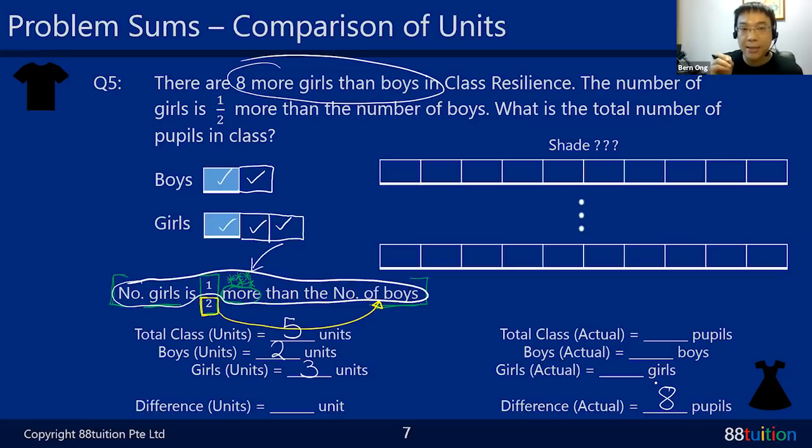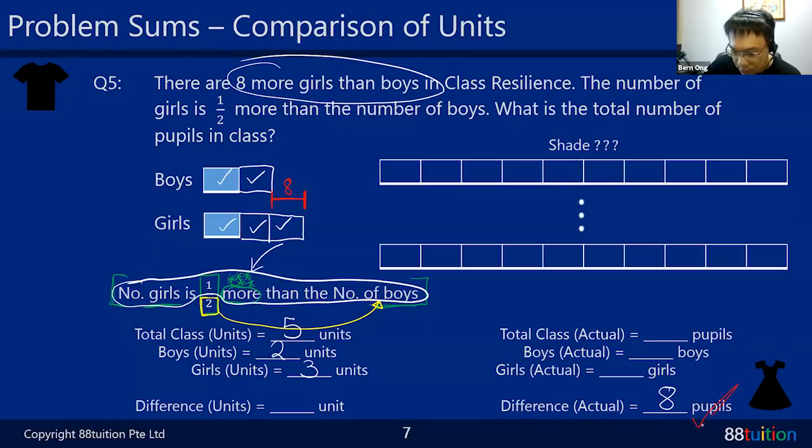Down here, they say that there are 8 girls more than the boys, which means in terms of my model, this is the 8 girls more. The 1 unit is the 8 girls more. So they are trying to say that the differences is 8.